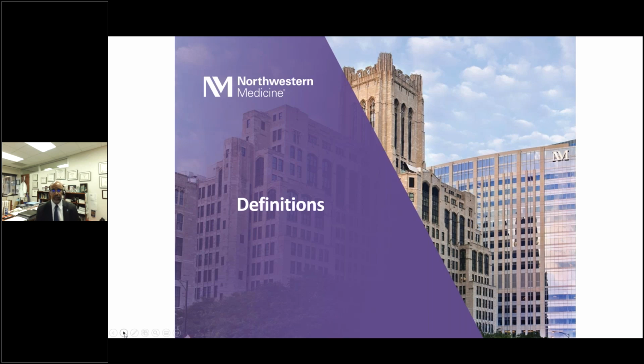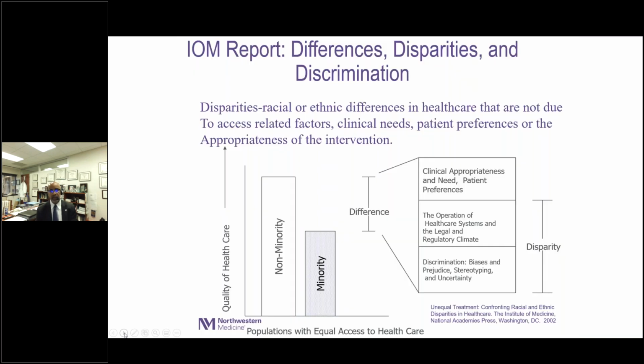It's important as we go into the rest of this discussion that we have a couple of reasonable definitions so that we can all speak the same language. If we can go forward once again, just reminding you that when we're talking about these data, we're talking about these data not just in a context that they describe differences between persons of color and those that are European or white, but that we're identifying differences that are uniquely present because of operational deficiencies in healthcare systems, because of discrimination, because of biases, because of this consistent underinvestment or disinvestment, as has been described before, and yes, because of evidence of systemic racism.